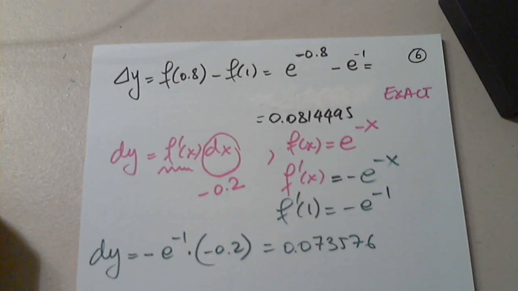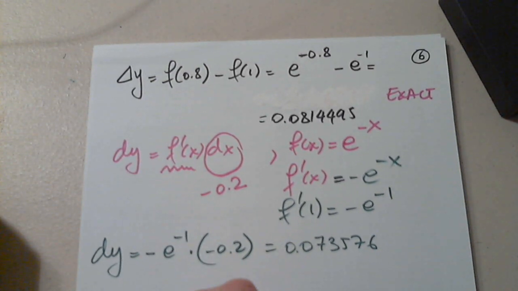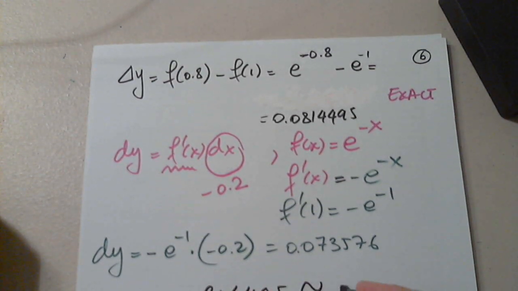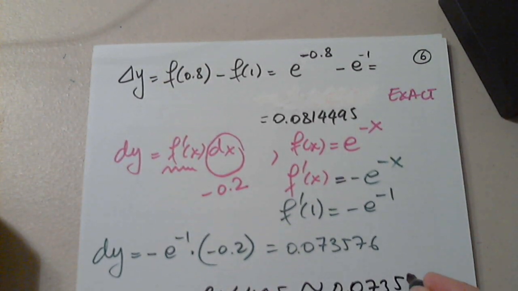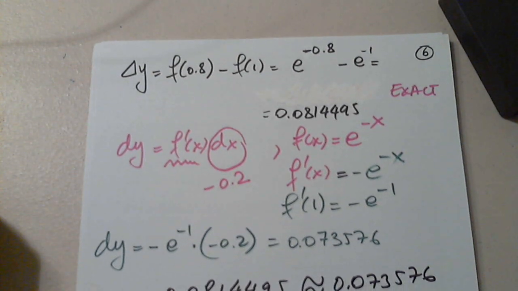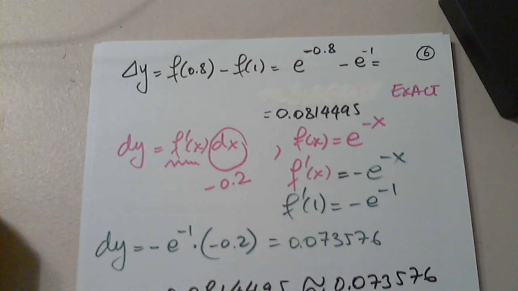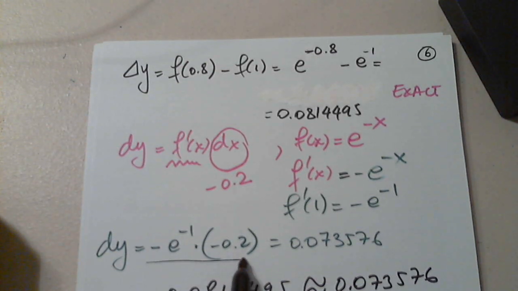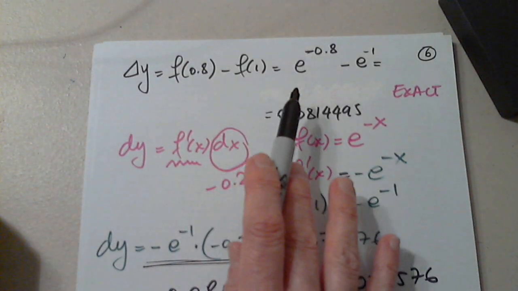So indeed, we can say that 0.0814495 is approximately 0.073576. This is the exact, and this is the differential or the approximation. This was so much easier to calculate than over there.